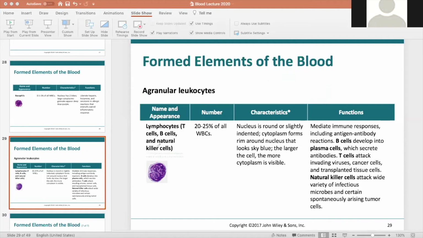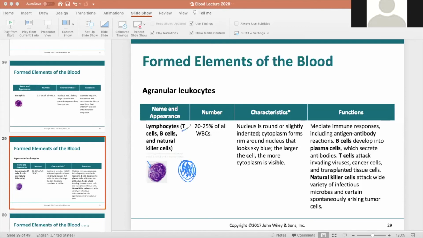Okay, so lymphocytes here, and here's your question, Will. When you look at the lymphocytes, we're going to see this nice large nucleus, and sometimes it has a little bit of an indentation to it. The cytoplasm is kind of a purplish color.